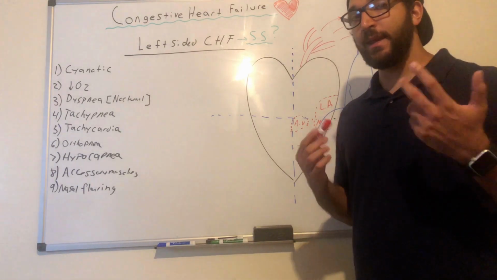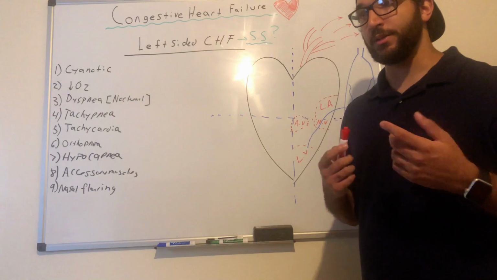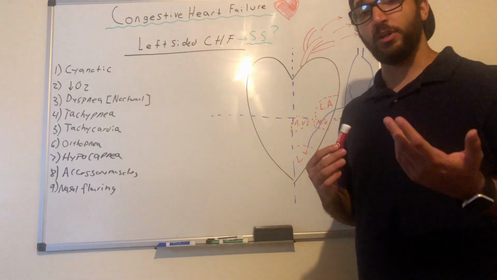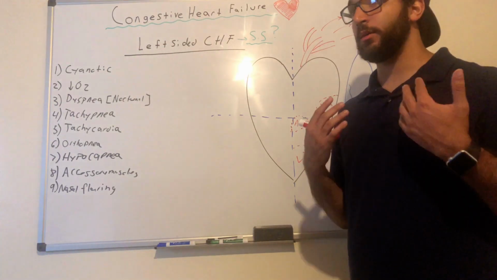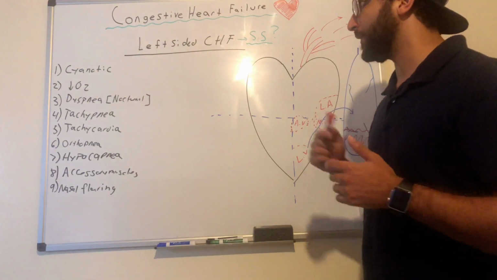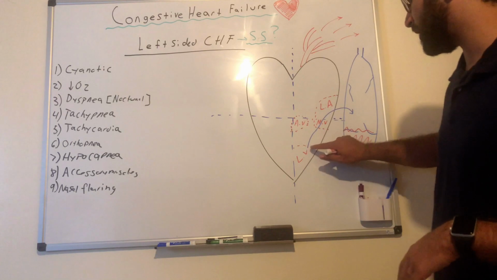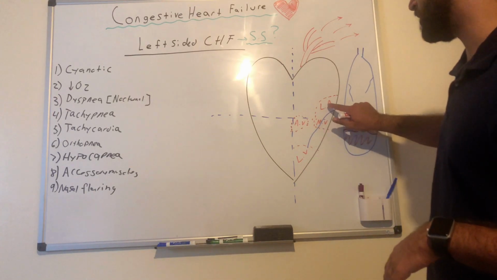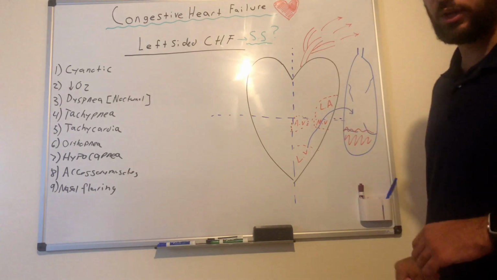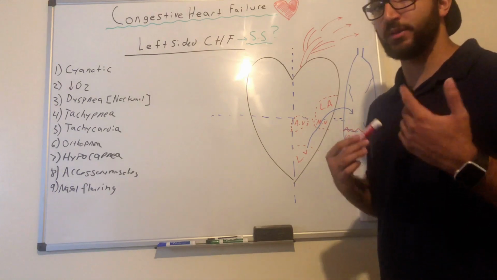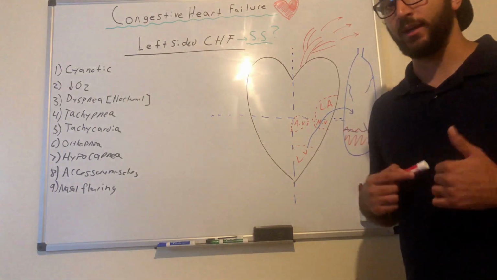We're also going to see nasal flaring of the patient, because we typically don't use our nares to breathe, but that's just a sign and symptom of left-sided CHF. So just keep in mind that blood flow is flowing back from the left ventricle through the mitral valve into the left atrium to the lungs, causing disturbance within the alveoli and gas exchange.